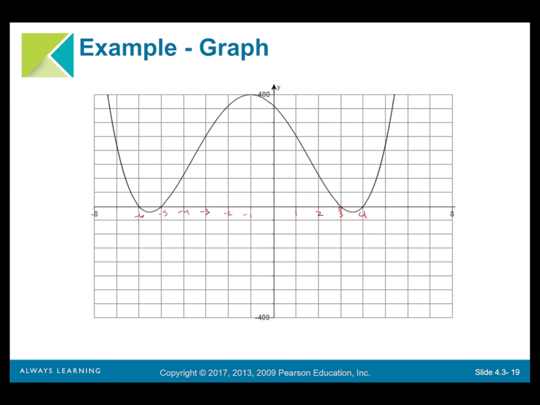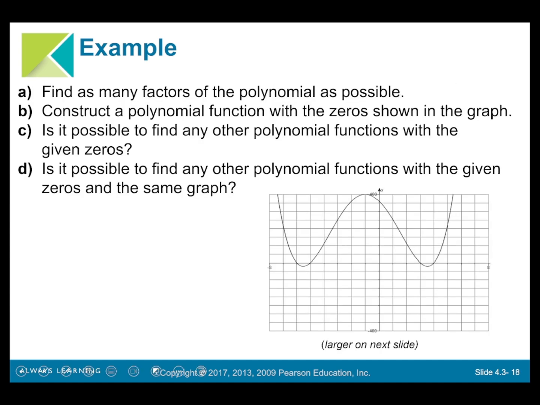So I see zeros here, here, here, and here. Which are the important places, I think. So negative 6, negative 5, 3, and 4. It's just easier to see on that larger graph.